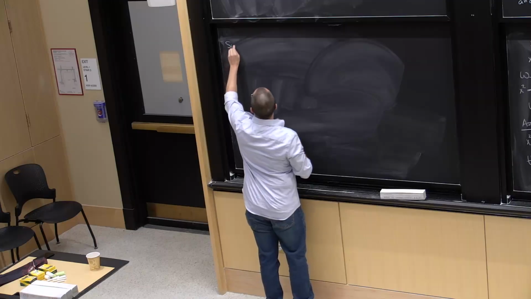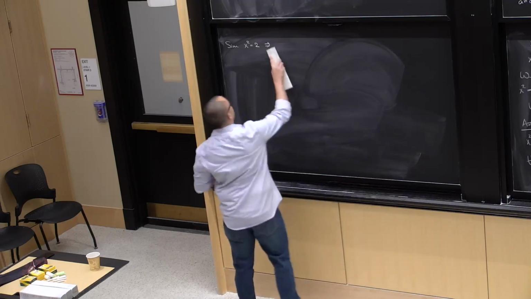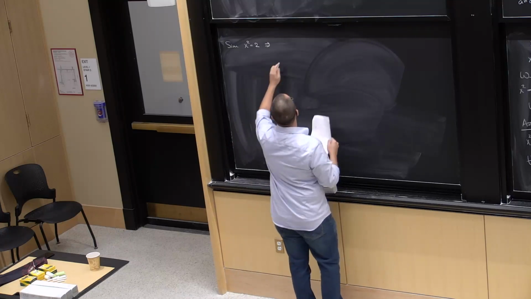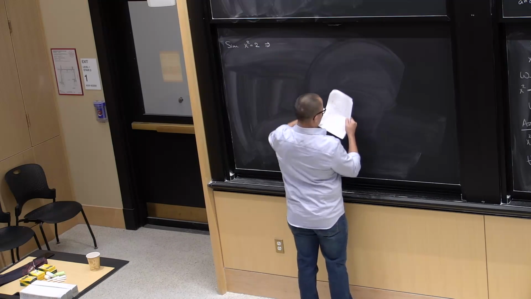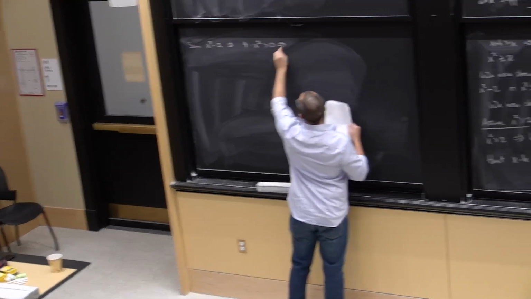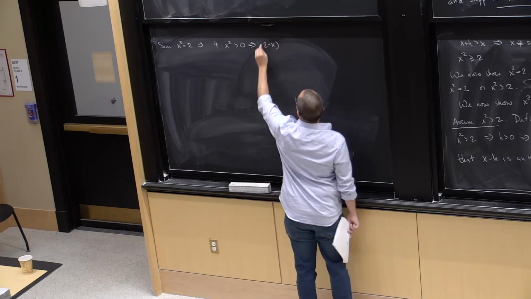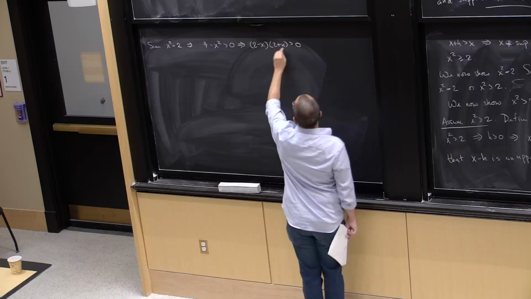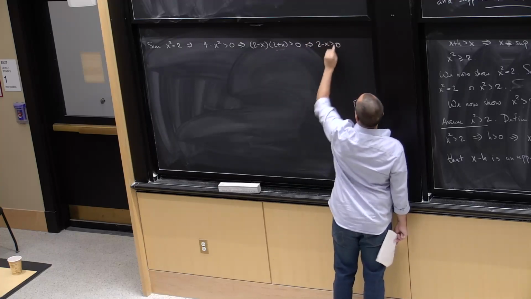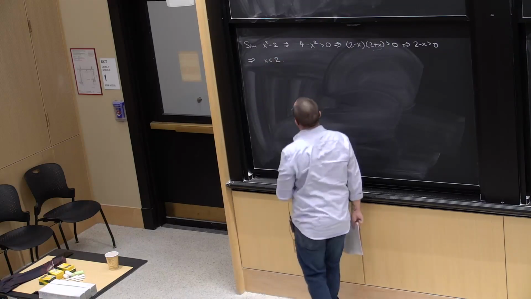Since x squared is equal to 2, 4 minus x squared is just 2, which is positive. So 2 minus x times 2 plus x is positive. 2 and x are positive, so I can divide this inequality through by this term and maintain the inequality, which implies 2 minus x is positive, and therefore x is less than 2.